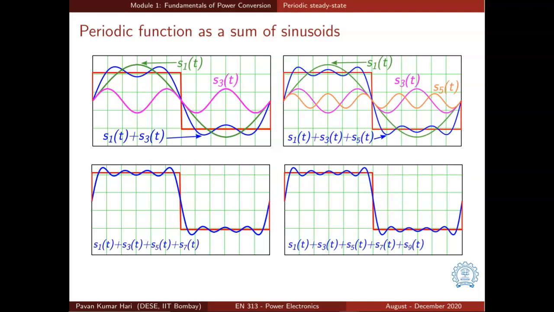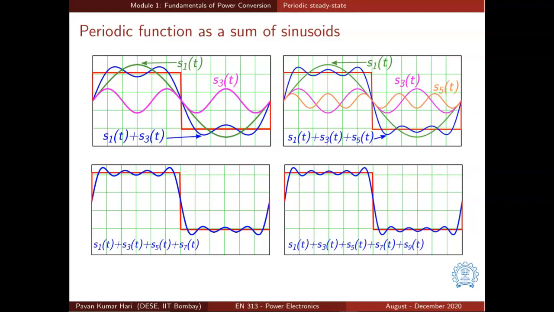Now consider the second set. What are we doing in the second set? We are adding yet another sinusoid, S5 of t, to S1 of t plus S3 of t. And it is important to note that S5 of t has another amplitude, in fact a lower amplitude than that of S3 of t. And in the third plot, we are adding another sinusoid, S7 of t, which is not shown here, but the resultant waveform S1 plus S3 plus S5 plus S7 is shown again in blue color, and we can say that it is a little closer to the square wave.